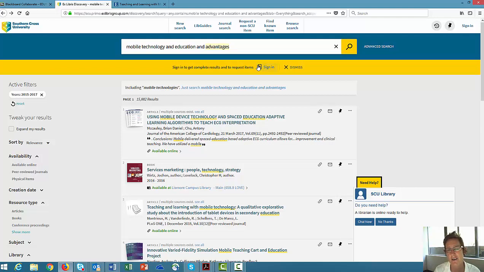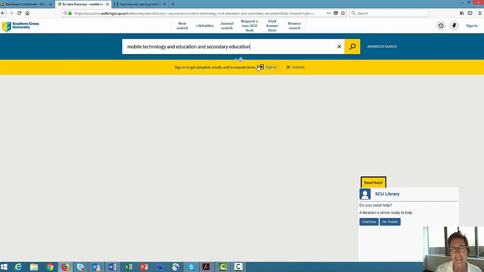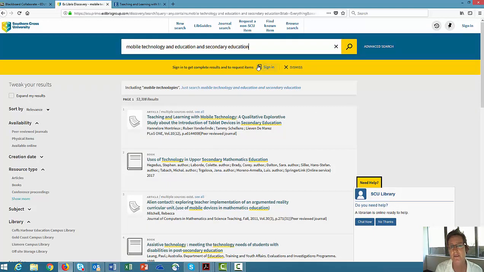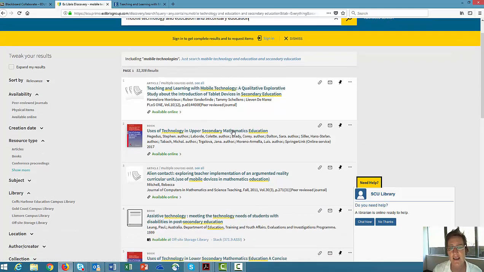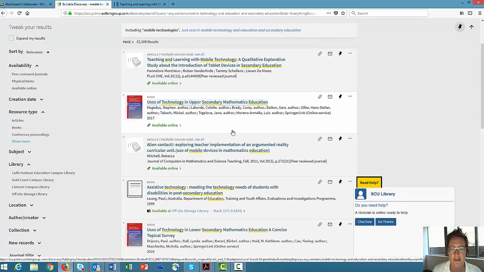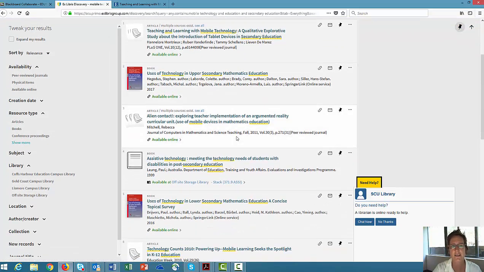In a paragraph, I cannot rely on one source, so I might look for a second one. Okay, and so now we have 2 sources at least in each paragraph which prove the benefit. So the benefit, I'm looking at secondary education. I already had one article, which was that one by Montreux, and now we have secondary education specifically related to maths. And so now we can see that we're starting to link the research together.